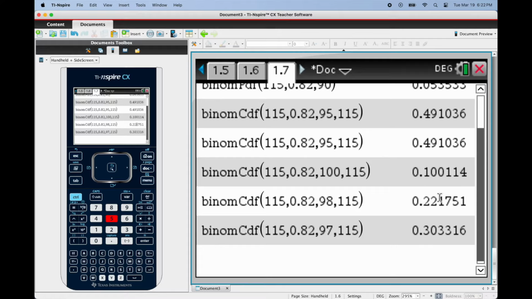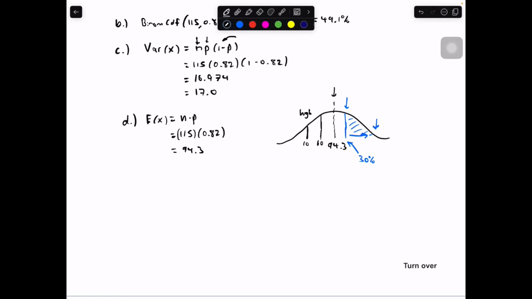So let's go ahead and write that out for part E. BinomCdf, and let's write that out. 115, number of trials, 0.82. This is going to be 98 and 115. And then we show that this is equal to 0.22222.